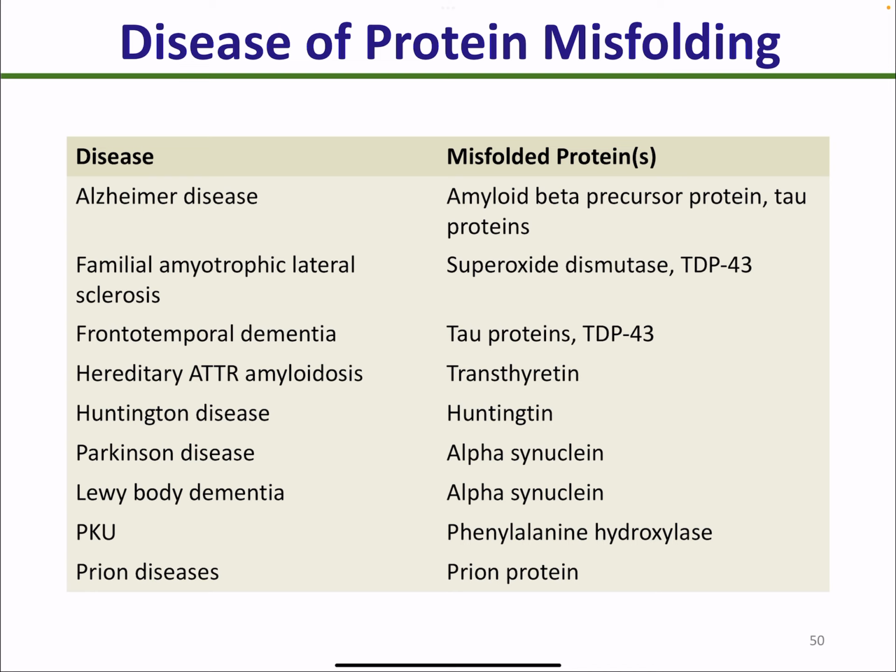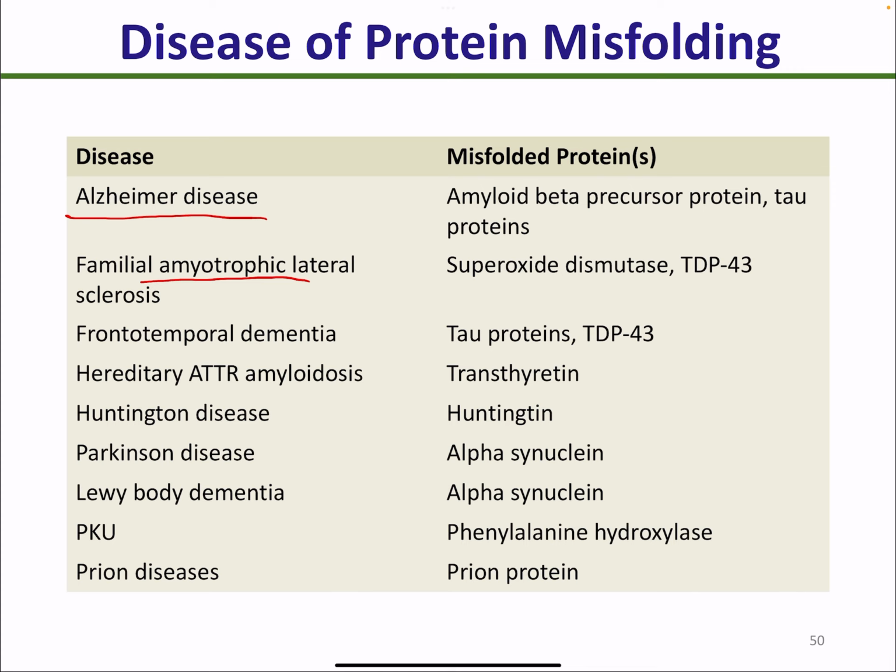This significant amount of mess is going to be a bunch of neurodegenerative diseases such as Alzheimer disease and familial amyotrophic lateral sclerosis.